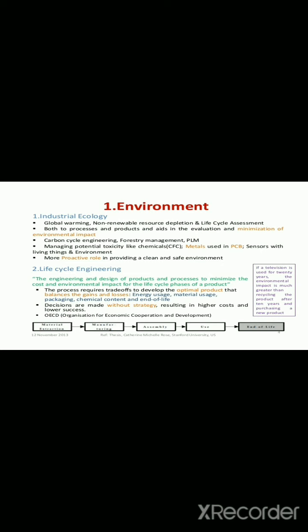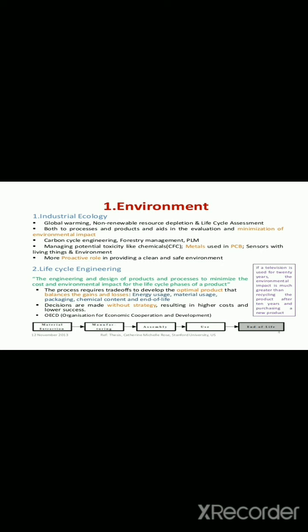Next point is carbon cycle engineering and forestry management, that is PLM. Next point is managing potential toxicity, like chemicals, metals used in PCB, and sensors with living things and environment. A more proactive role in providing a clean and safe environment.